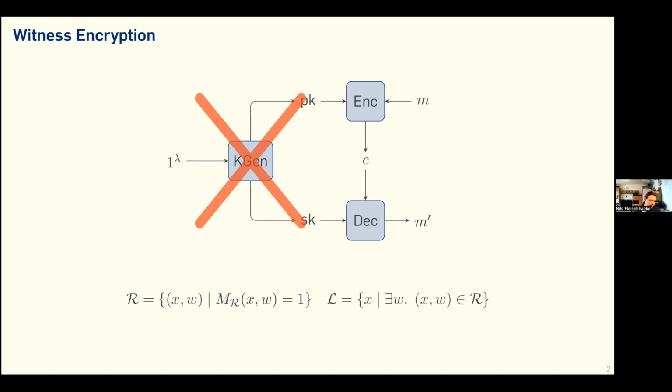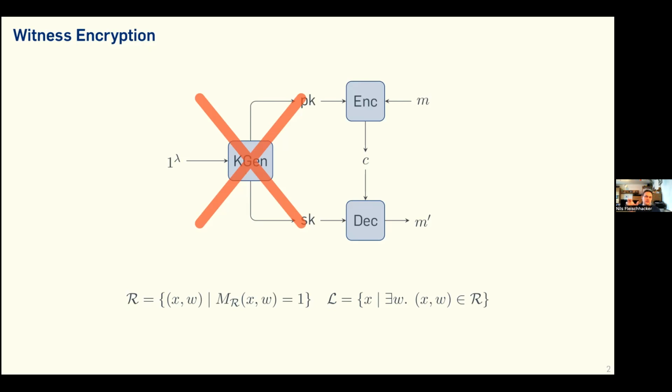You can think of this, for example, as a circuit satisfiability problem, where you have some program defined as a Boolean circuit, and the relation is that something is in the relation if an input satisfies this Boolean circuit.